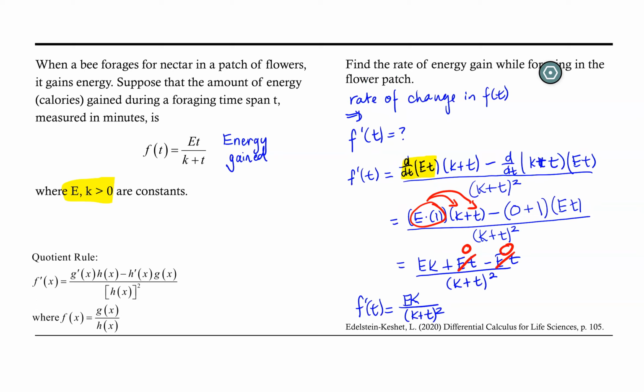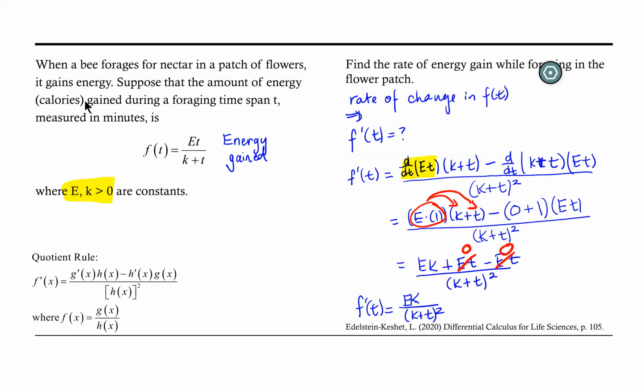And as this is an application problem where there are units associated with quantities, we do want to include units in our answer. So recall that our function f of t represented energy gained over time, and that energy is measured in calories.